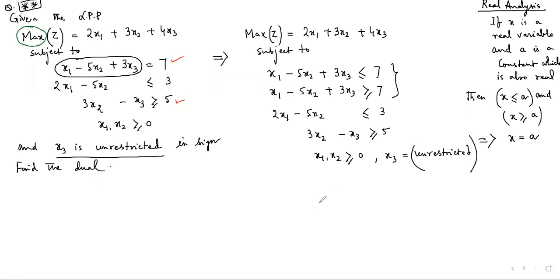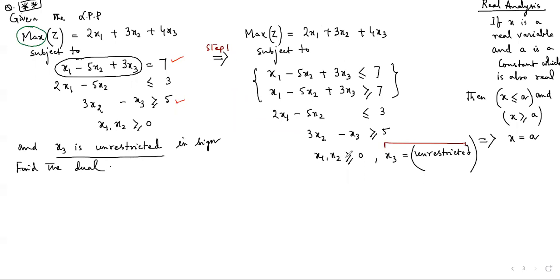x3 is unrestricted. So this is the thing that you are going to do, first of all, to bring inequalities from the equalities. The next important part is this one. x3 is unrestricted. What do we mean by that? Actually, we know that in a linear programming problem, step number 1, all the variables need to be greater than or equal to 0 because they are decision variables and they are physical variables.